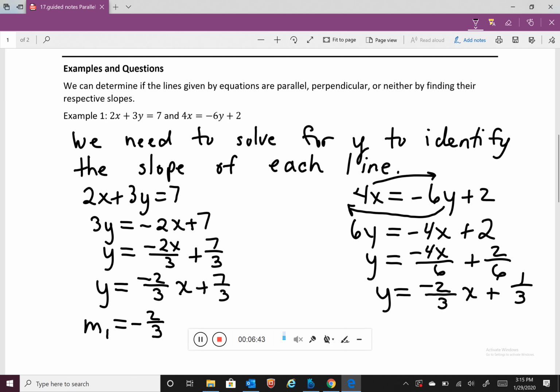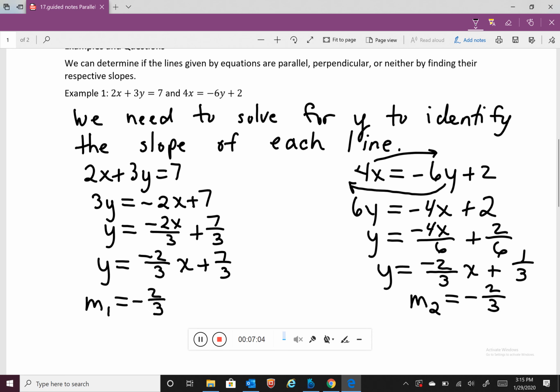Now notice here, both the 7/3 for the first equation and the 1/3 for the second equation give us our y-intercepts, but that's not needed for this conversation. We are only interested in the slopes because we're trying to determine if these lines are parallel, perpendicular, or neither.